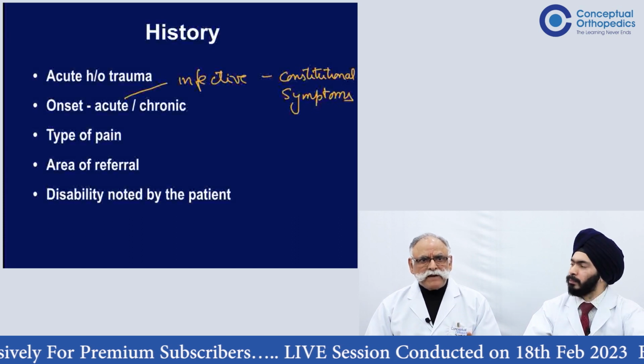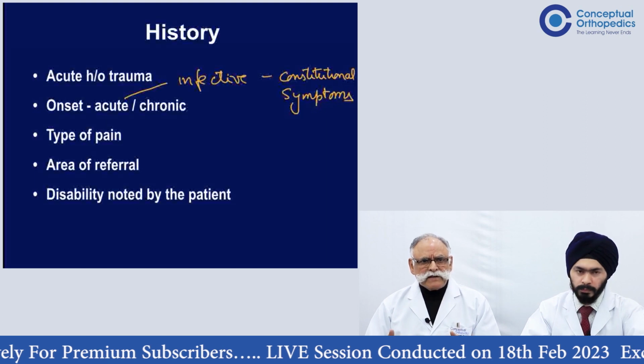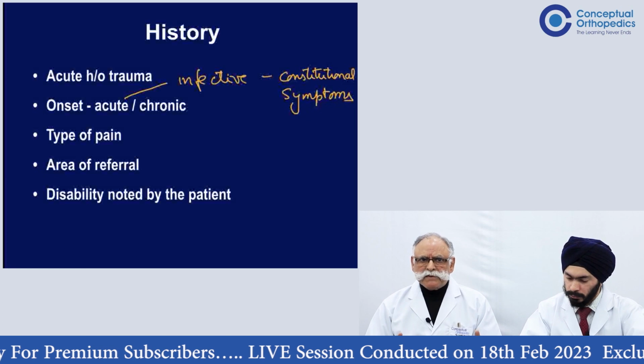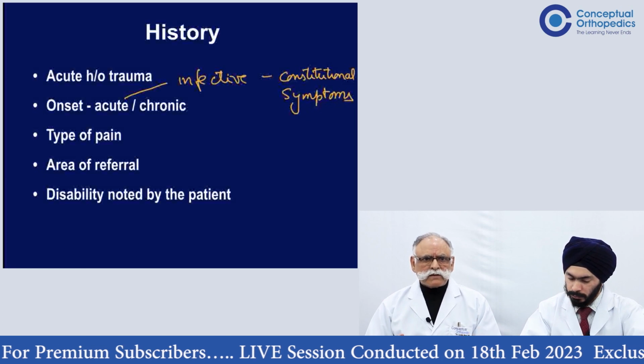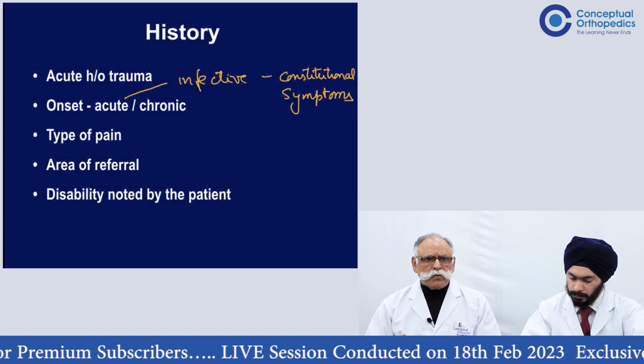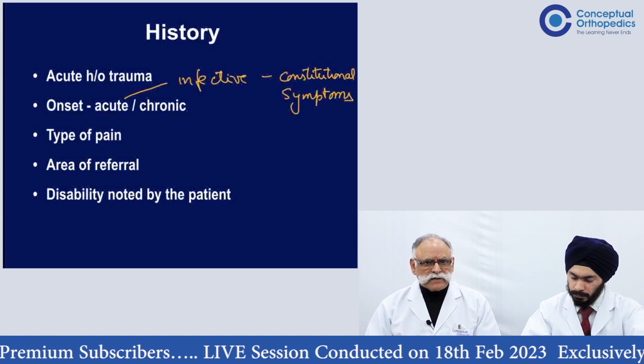The type of pain could be a grumbling pain with certain movements of the joint, or there could be an excruciating pain which one may get immediately after an injury.